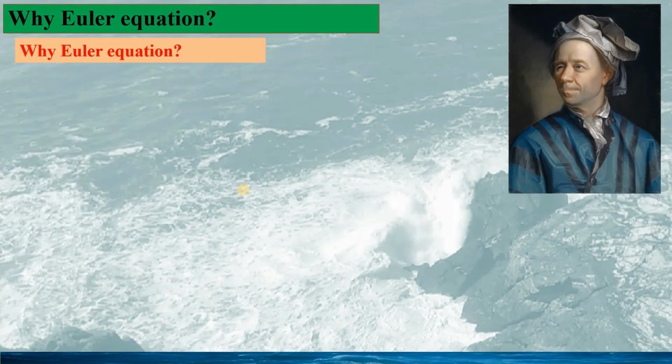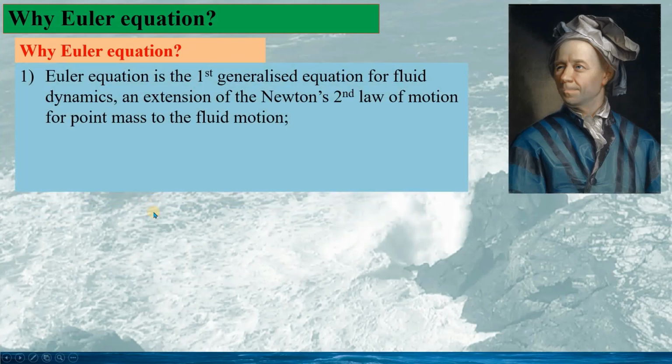Euler equation is the moment equations for fluid dynamics for inviscid flow. And the question here, why we need to study Euler equation since all fluids are viscous. The reason for this is the Euler equation is the first generalized equation for fluid dynamics.